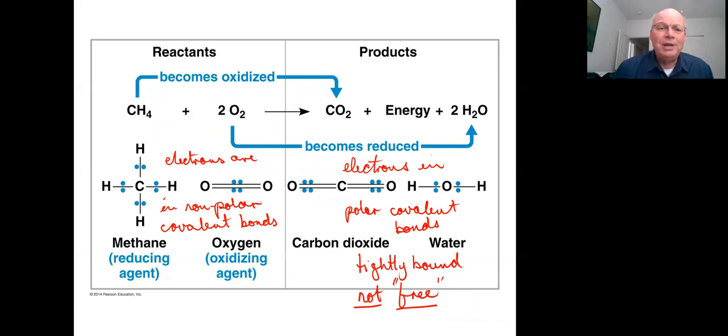And of course, when you start thinking in terms of stable, you think in terms of bottom of the playground slide, and you think in terms of reduced potential energy. So in moving the electrons from a region of high potential energy, that is non-polar covalent bonds, to an area of low potential energy, that is polar covalent bonds, there has been a reduction in the potential energy.